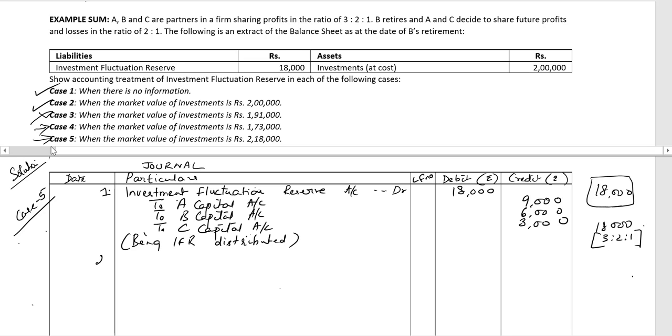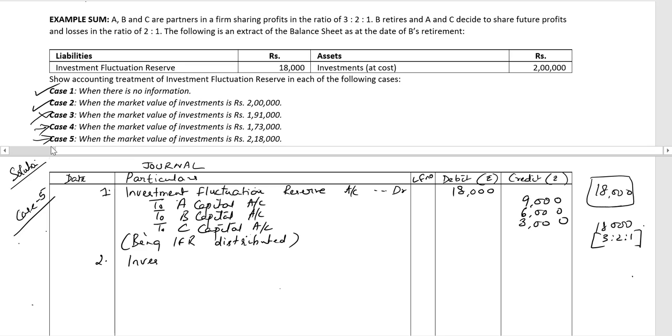The next journal entry will be to increase the value of the investment by rupees 18,000. Whenever there is an increase in the value of an asset, we need to credit the revaluation account and debit the relevant asset account.